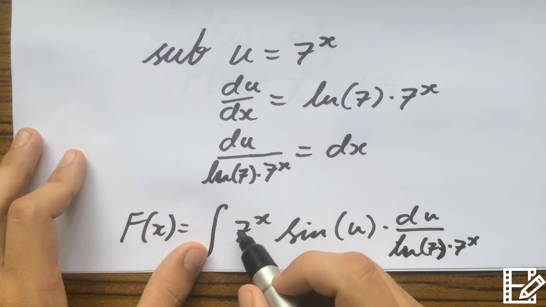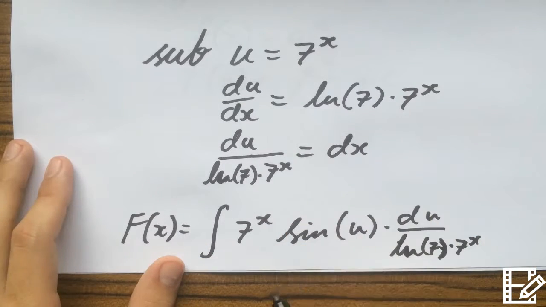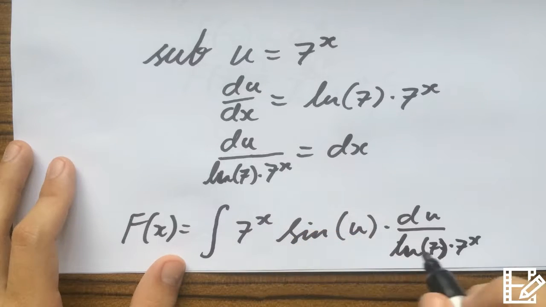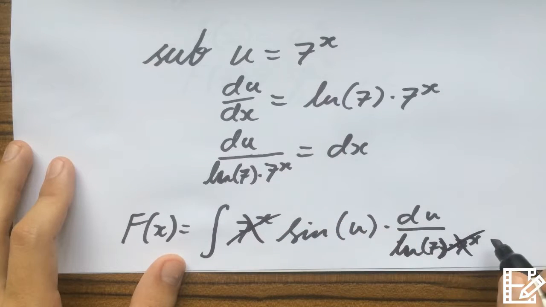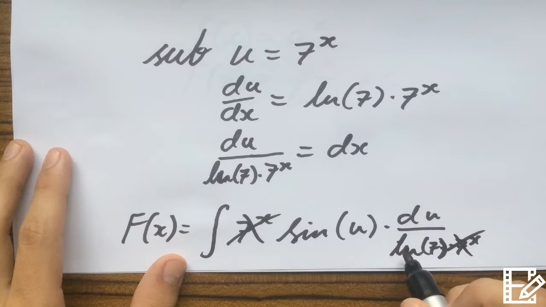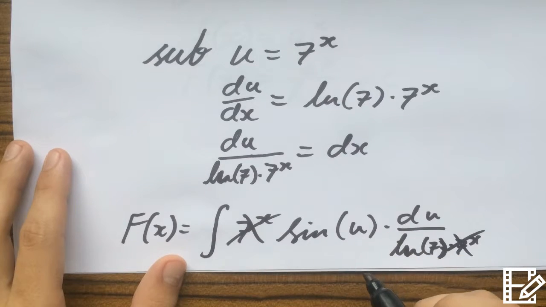I didn't change it here, and I didn't change it on here. That is only because I'm going to get rid of them. So 7 to the power of x divided by 7 to the power of x, get rid of them. Therefore, what we're left with is 1 over ln of 7 multiplied by du multiplied by sine of u.